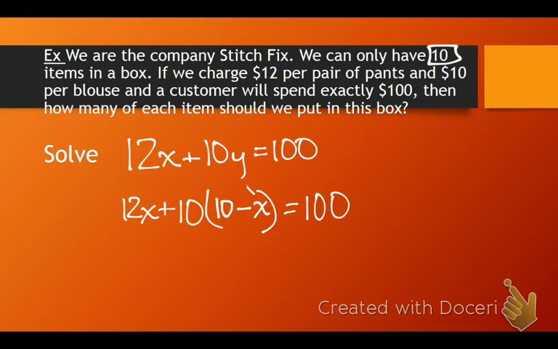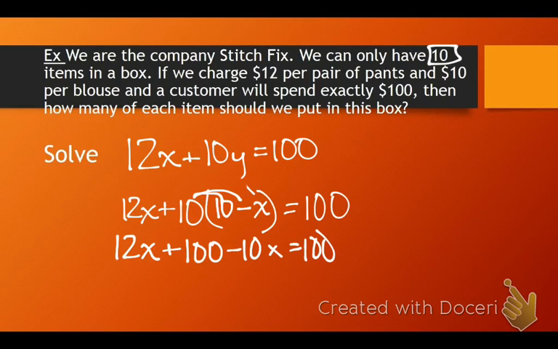Now we're ready to solve. We're going to distribute, so 12x plus, distribute, 100 minus 10x. So 2x plus 100 equals 100.